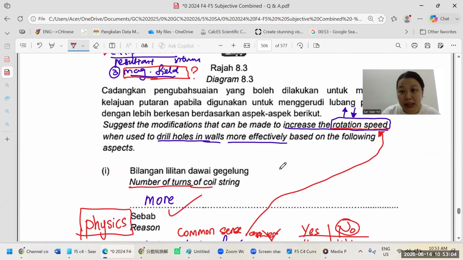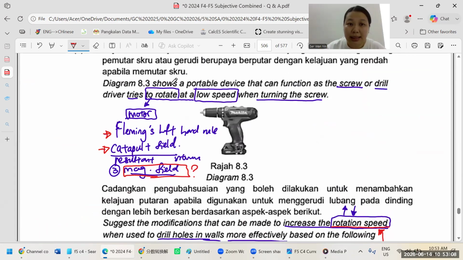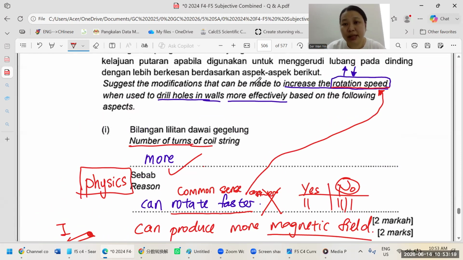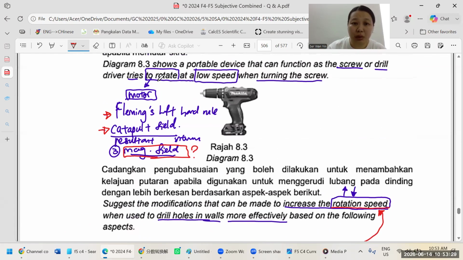Okay. See, we read one more time. Our question: the diagram shows the function. Magnetic field? No. Suggest a modification. Magnetic field? No. Why? They want you to write. That's why when you see a motor rotate, it is a motor.